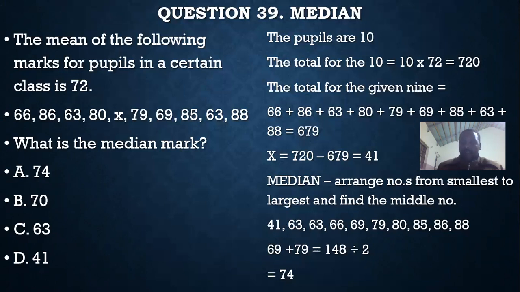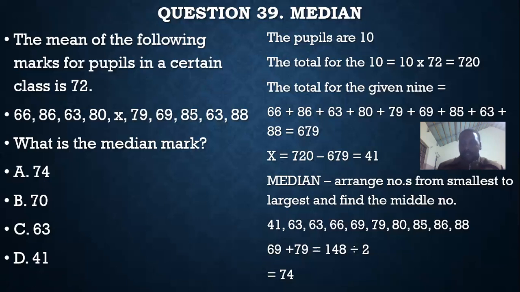Then from here, we know that if the numbers are even, we shall not have a single middle number. So the two middle numbers, that is 69 and 79, we take the two which are in between, add them and divide by 2. So 69 plus 79, we get 148, then we divide by 2, we get 74.